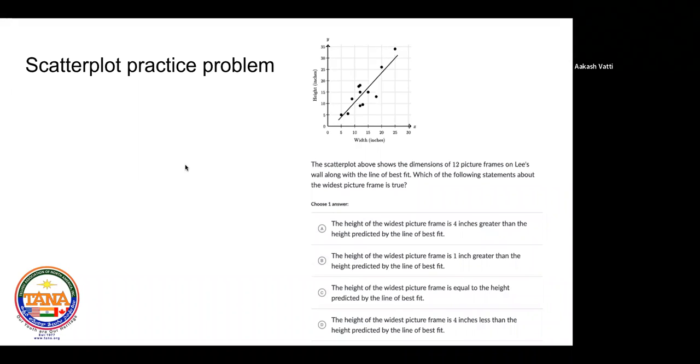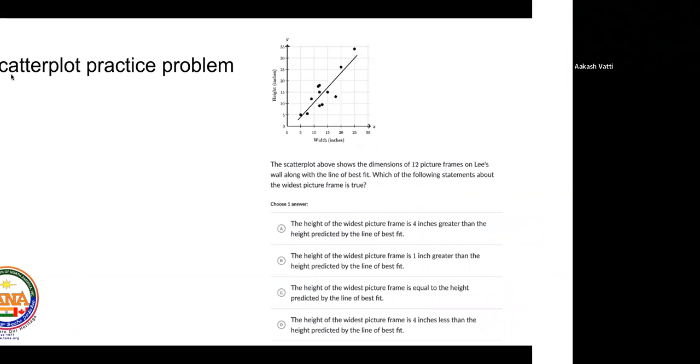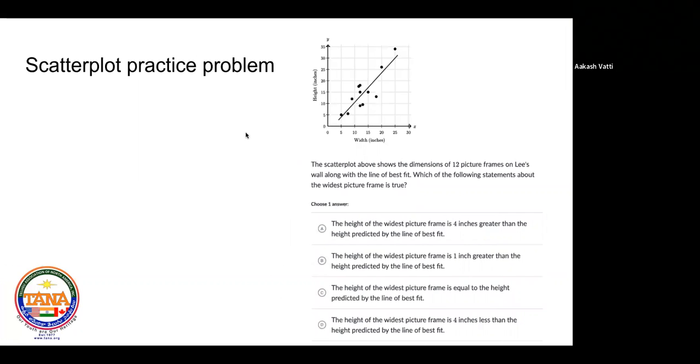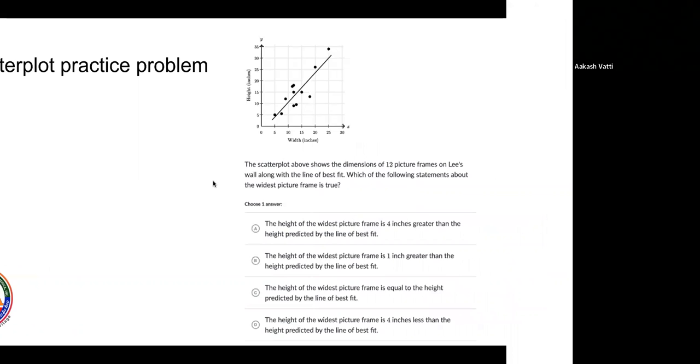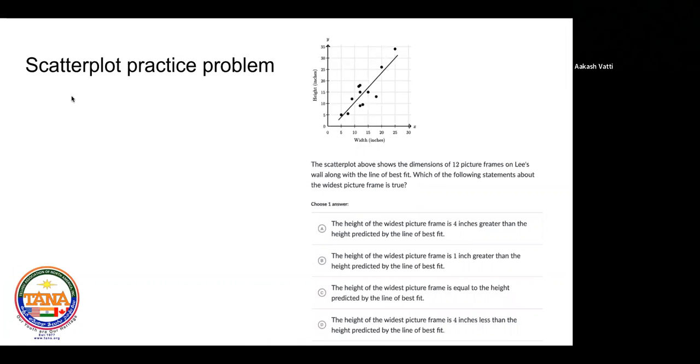So it's asking which of the following statements about the widest picture frame is true. And the widest picture frame is 25 inches wide, and it's 34 inches tall. That would be right here. This is the widest picture frame, 25 inches wide and 34 inches tall.